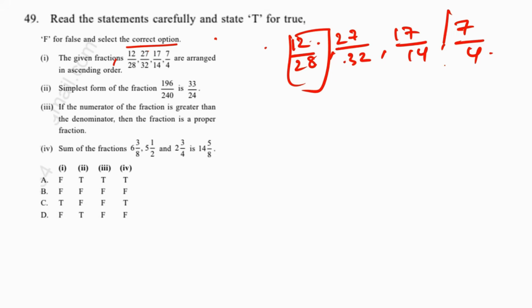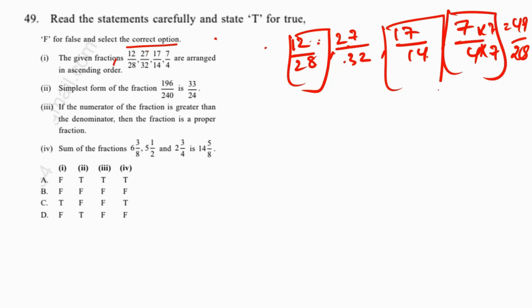We can easily convert the last one to 28, 4, 7 times. So 7 times 7 is 49. So yes, possible that starting with 12, ending at 49, arranged in ascending order. Moreover, to cross verify, we can easily convert this one also. 14 2 times is 28. So 17 2 times is 34. Starting with 12, over here 34, then 49. So this is in ascending order.